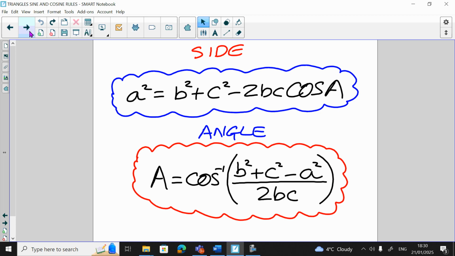Okay, so here, basically, here are the two formulas for side and angle. Basically, this one for side and this one is just a rearrangement or vice versa. That's what they are.